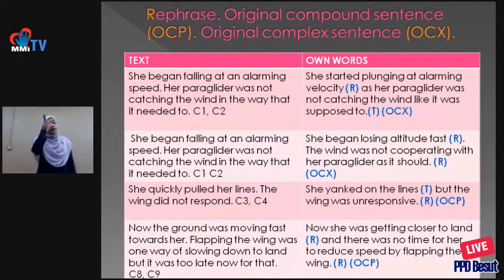Okay, kalau dalam teks dia cakap however kan. However, the wing did not respond. Kamu tukar however dengan but then you combine content 3 dengan 4 buat jadi satu ayat. Combine dengan but. Okay, jadilah ayat compound, jadilah ayat kamu, original compound kamu. Okay, but kan is one of the fanboys yang kita guna untuk buat ayat compound.